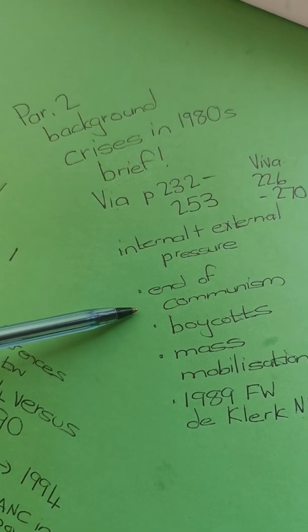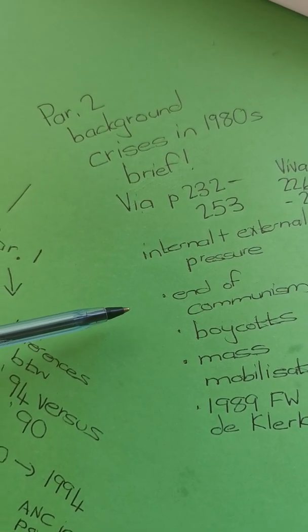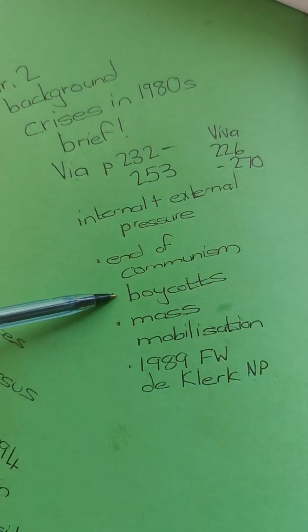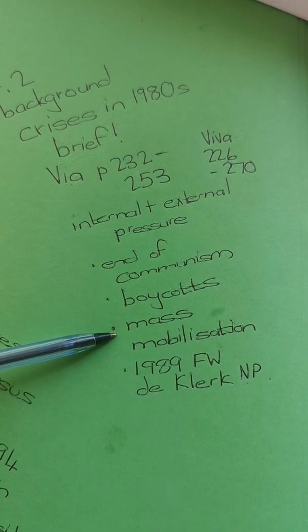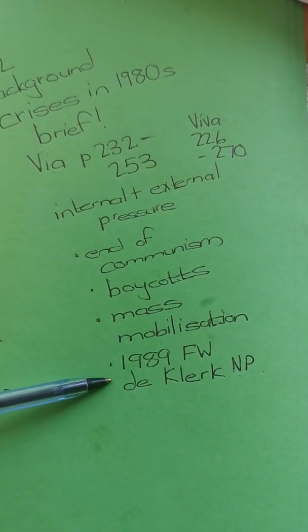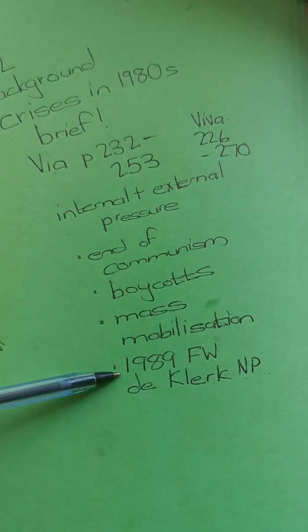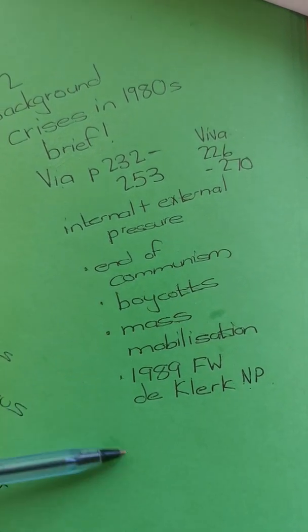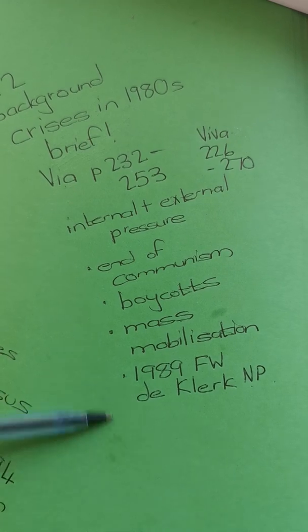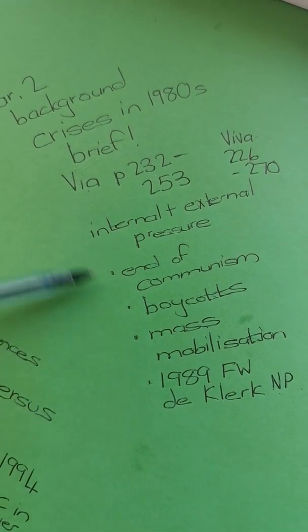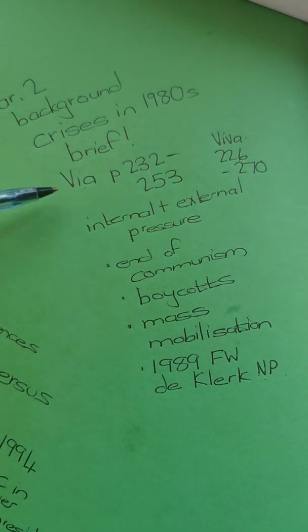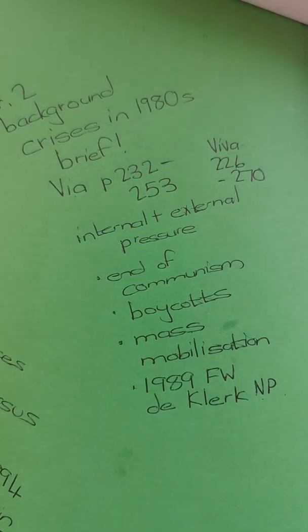That meant the ANC had lost their funding, and it meant that the National Party lost their excuse. Look out for boycotts, mass mobilization, and the fact that the liberal F.W. de Klerk had taken over the National Party and become its leader in 1989. So you'll just reference a couple of pointers there, not much. That'll be your paragraph 2. Go over this, read those pages, then you've got your background done.